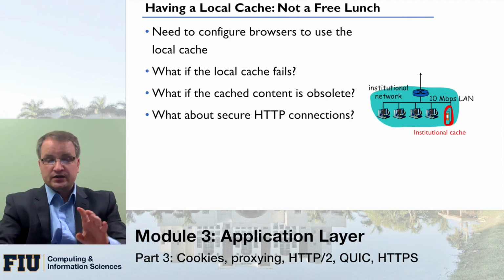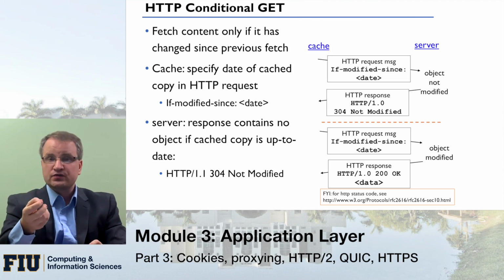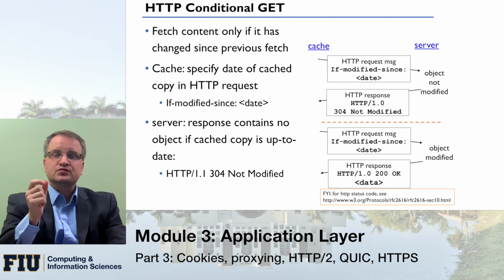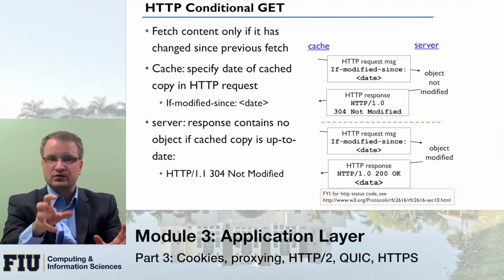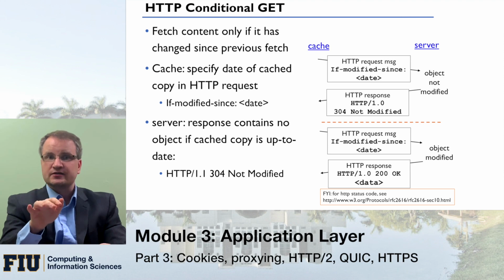But for obsolete content, there's an additional thing that exists as part of the GET request. There's one specific header, and a few responses, to make sure that you get what you want, like the most recent version of a specific file. Specifically, you can have this conditional GET.